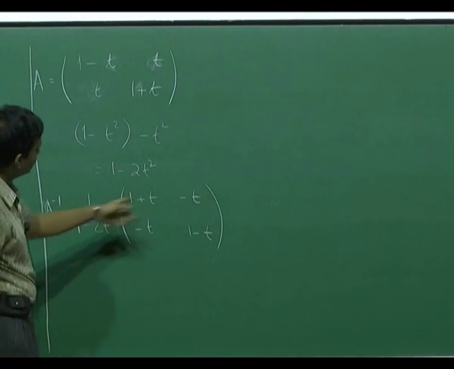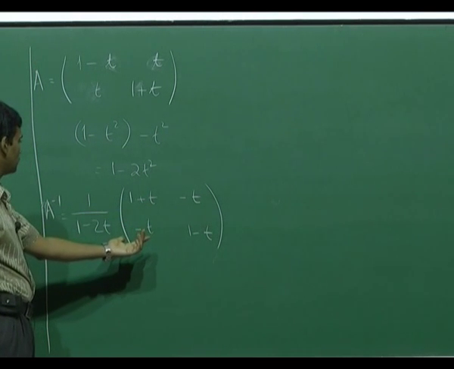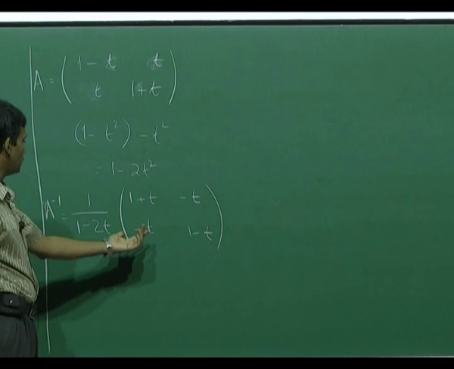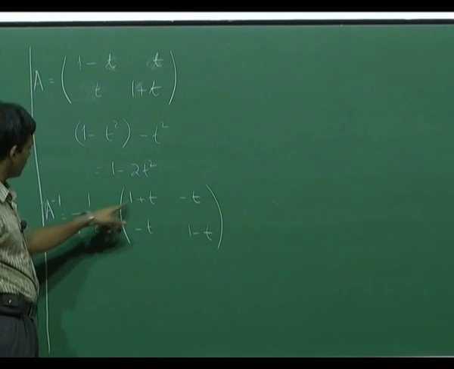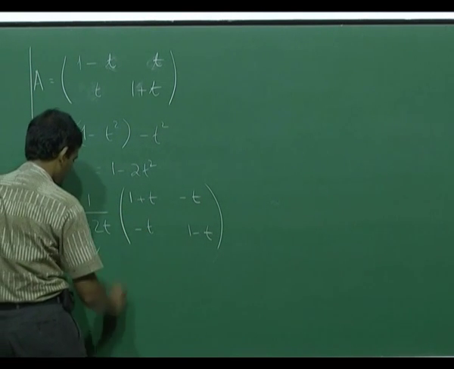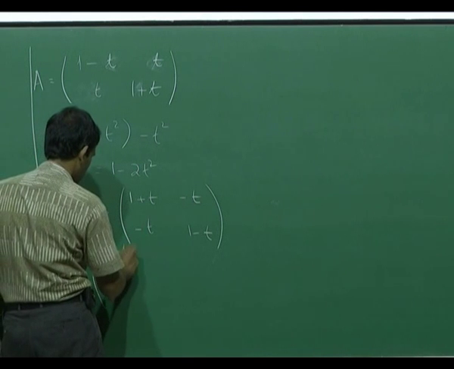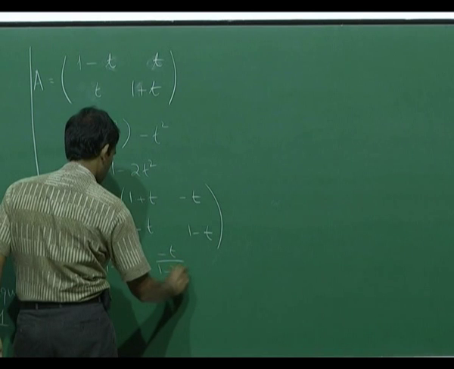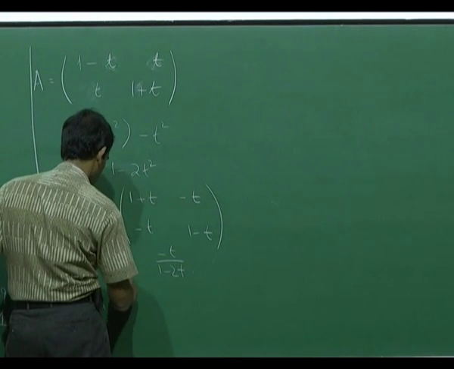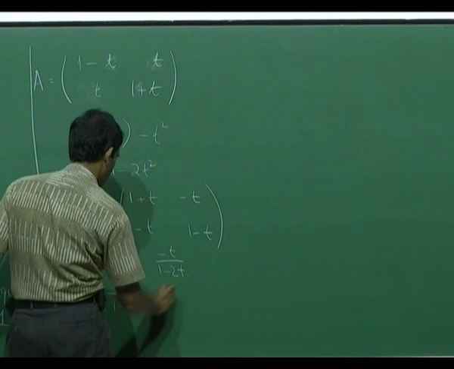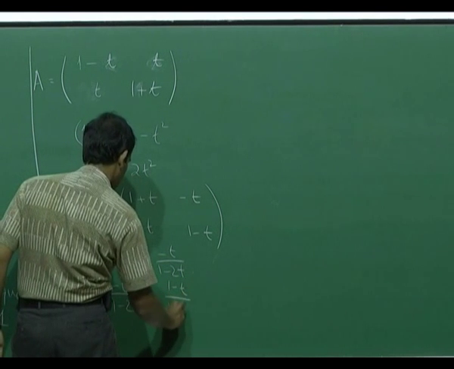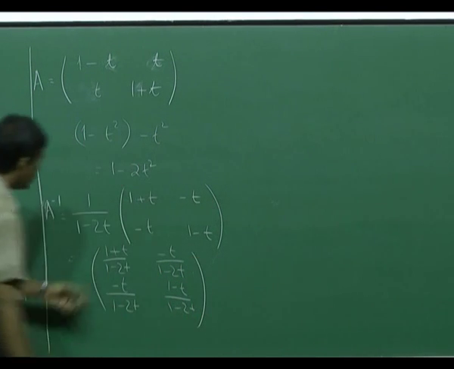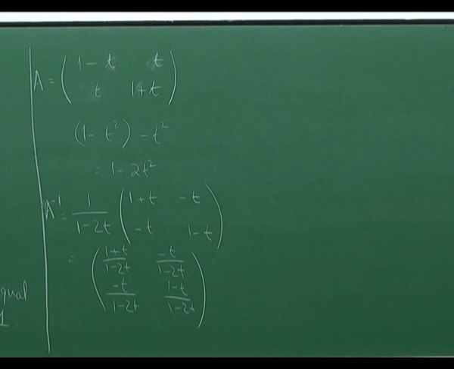Now this A inverse is not a matrix with polynomial entries, because if you bring this inside, you get 1 plus t over 1 minus 2t, minus t over 1 minus 2t, minus t over 1 minus 2t and 1 minus t over 1 minus 2t. So this is not at all a matrix of polynomials, it is a matrix of rational functions.